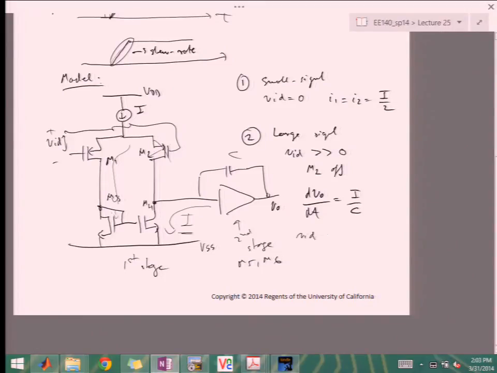If VID is smaller than 0, then M1, 3, and 4 are off, and then you're providing the current I from here, and that goes this way as well. So now you have dVO over dt equal to minus I over C. So notice you do react to the sign of VID, right?